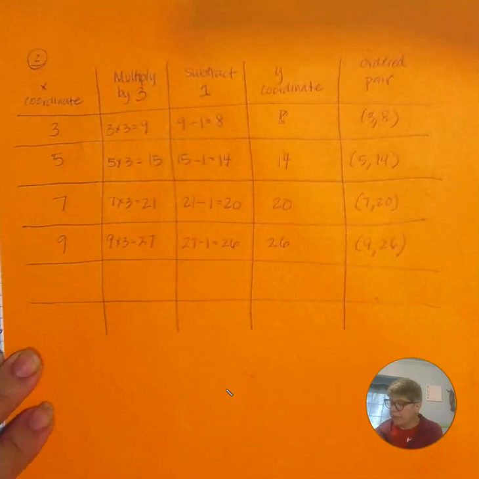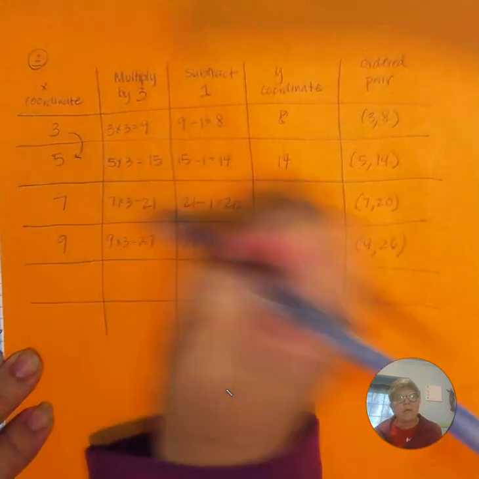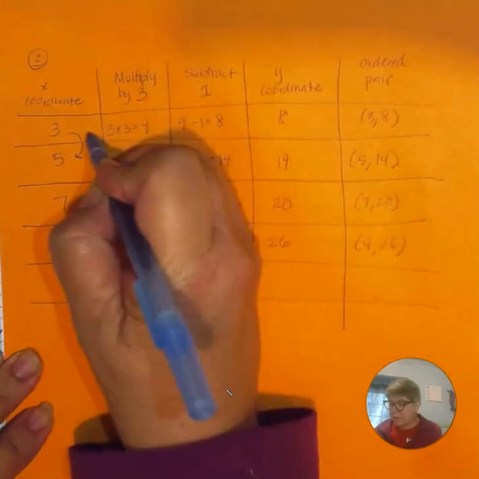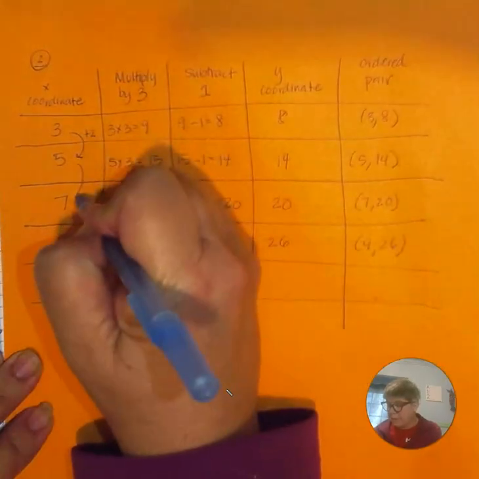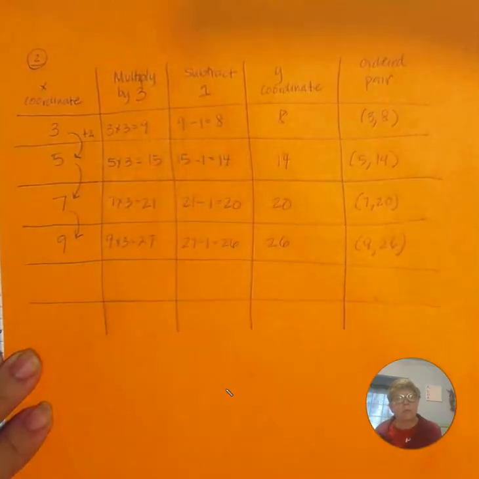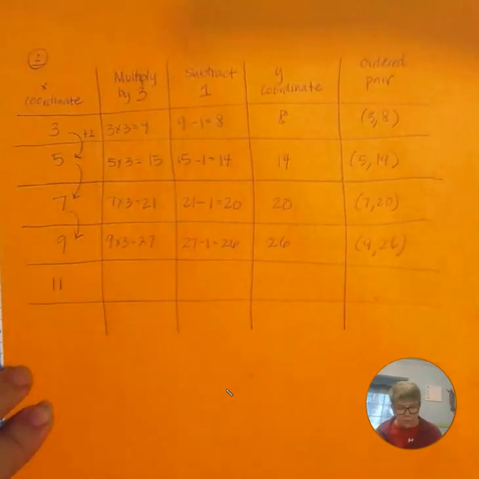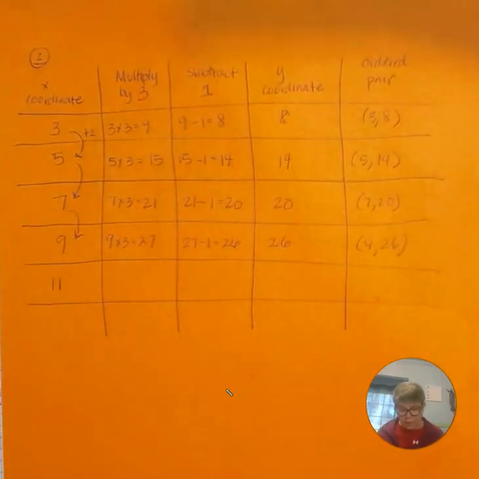We've been working on this. 3 to 5. What pattern do you see there? Looks like +2. To 7 would be +2. To 9 would be +2. So 9 plus 2, 9, 10, 11, right? So our next x-coordinate would be 11.